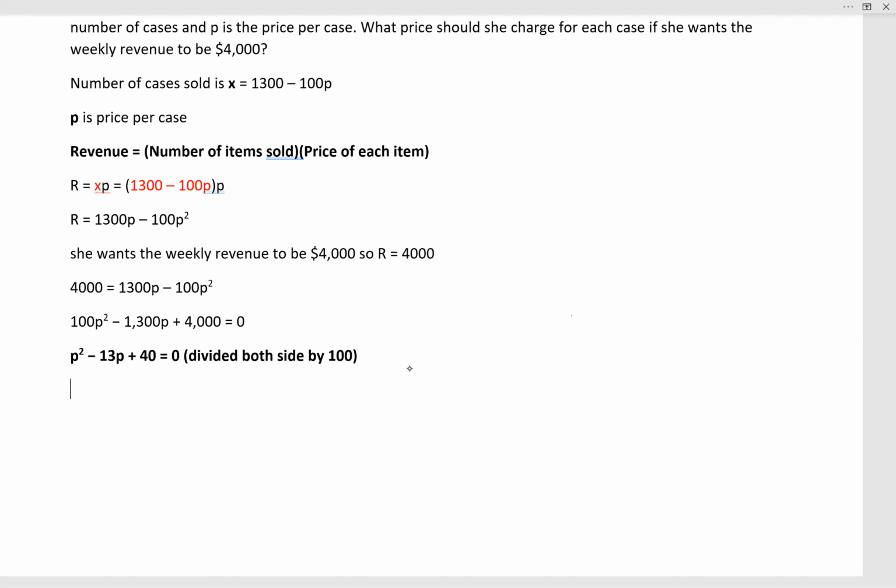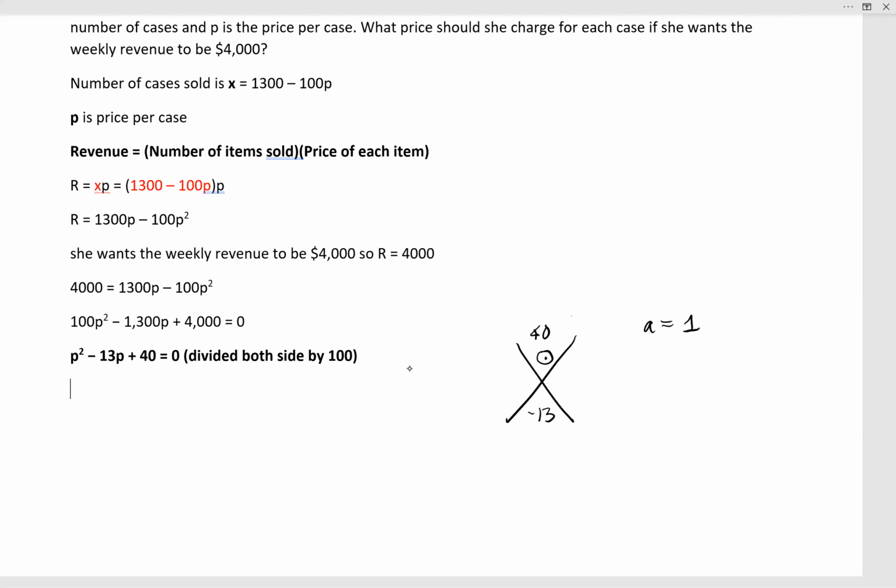So in this case, you might use the AC method in order to factor, if we can factor it. Let's see. In this case, we know that a equal to 1 is a special case, right? So let's see, a times c is 40, that's a multiplication, and the middle term is minus 13.